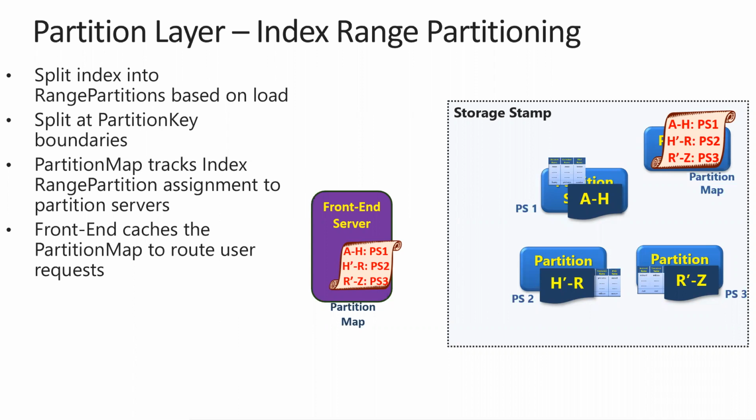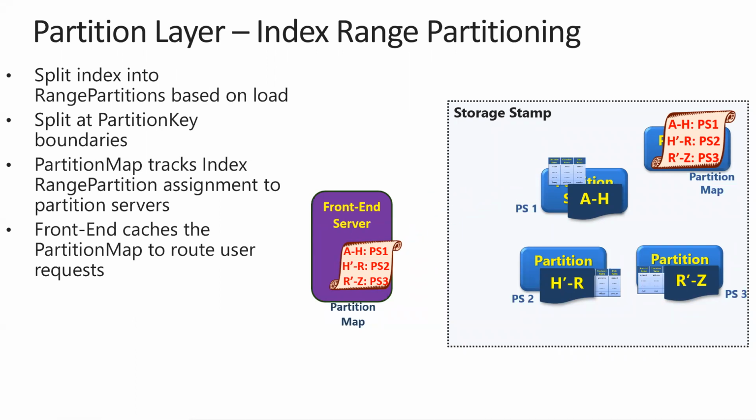Does it mean that each storage stamp has a separate partition master? Yeah, exactly. So these overall three layers we are discussing are with respect to one storage stamp. Now, if you have another storage stamp, that storage stamp will also have its own partition map and its own partition servers.